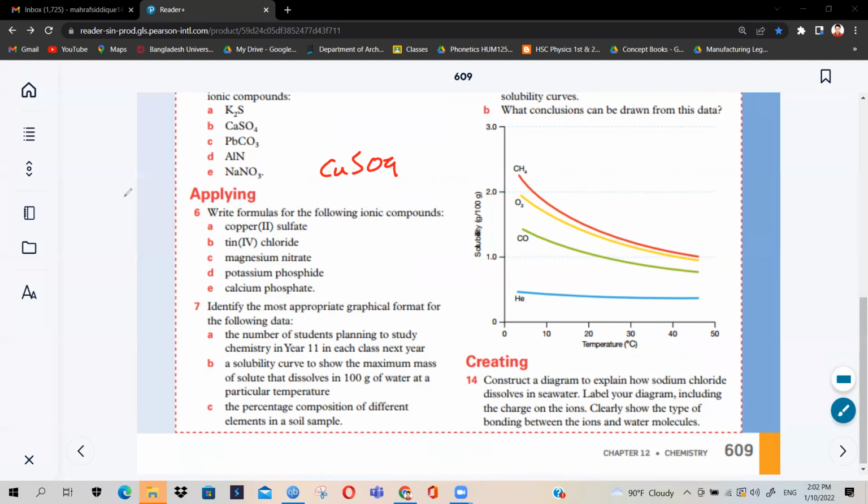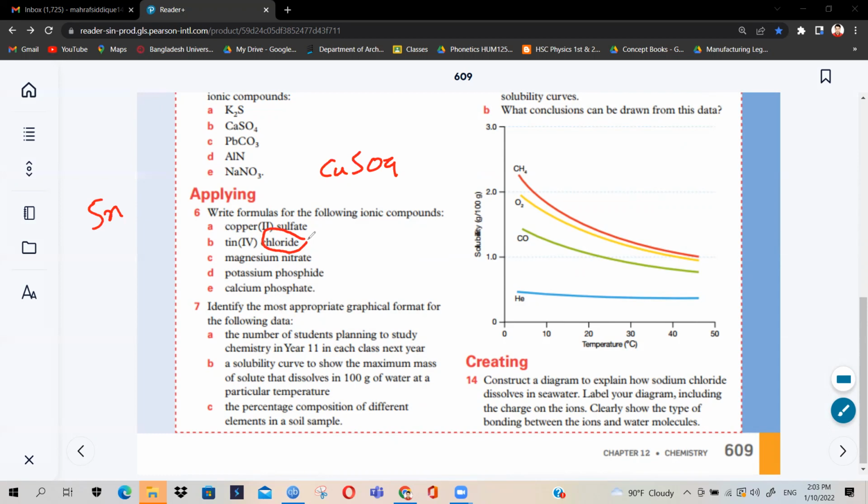Let me tell you, tin's symbol is Sn, because it's termed as stannous, and then we got tin from stannous. So tin 4 chloride, what will it be? What is the charge of chloride?